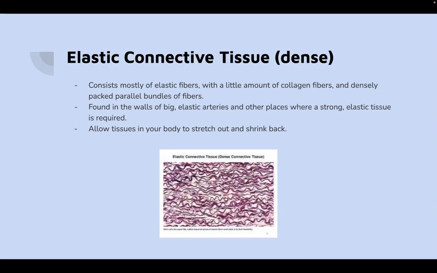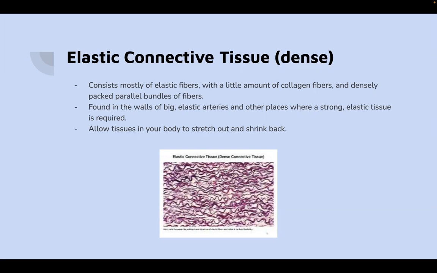Now we're going to talk about the elastic connective tissue. This is again a part of the dense connective tissue. Elastic connective tissue consists of densely packed elastic fibers with fibroblasts scattered throughout. It is found in the trachea, vocal cords, and walls of some arteries.